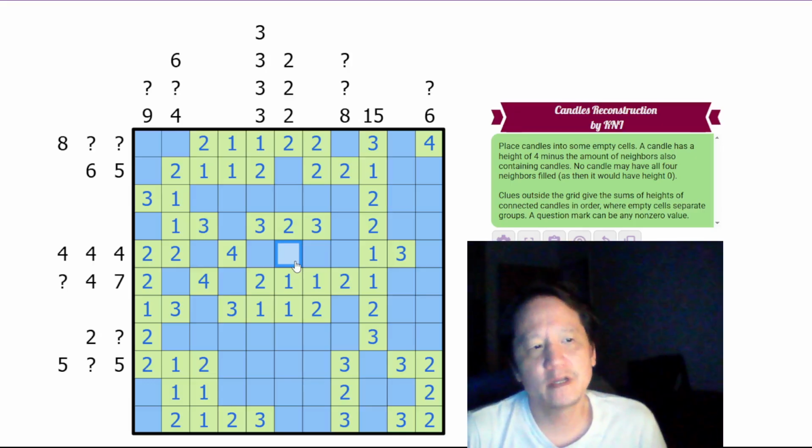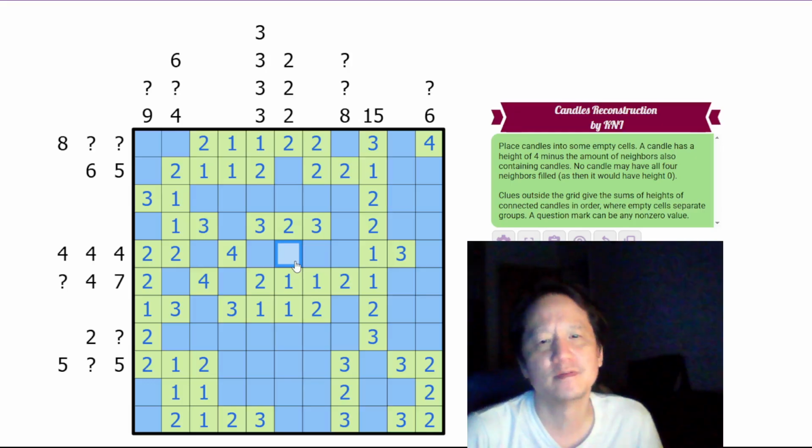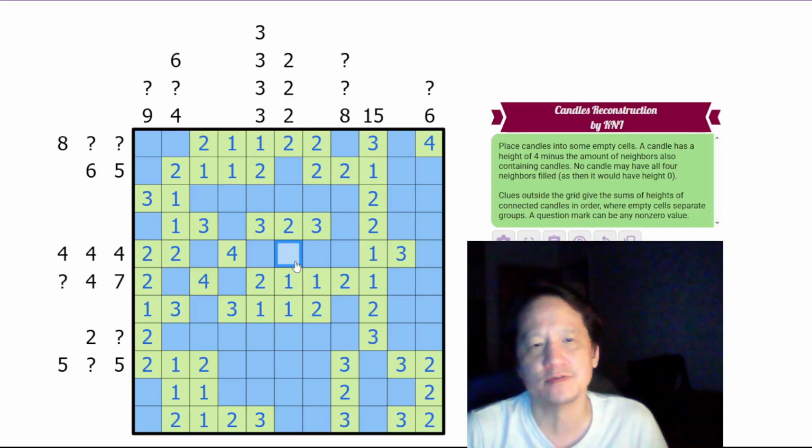But I'm kind of curious about if there are potential other candle puzzles which could work. I'm wondering if you have to have a Japanese sum with it, though. Maybe. I don't know how much you can do with other types of clues.